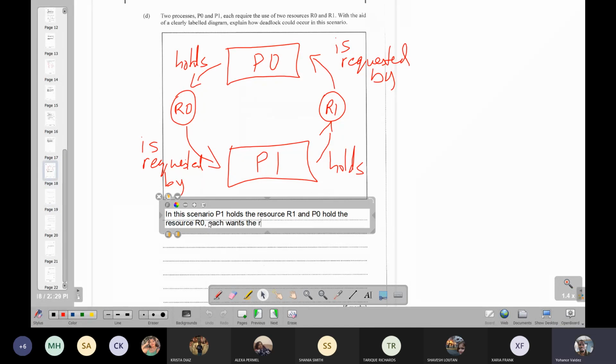Each wants the resource that the other has, and neither wants to give up the resource that it holds. So we have a hold and wait scenario here. We're holding on to the resources that we get, even though we don't have everything, and we're waiting to see what we could get.